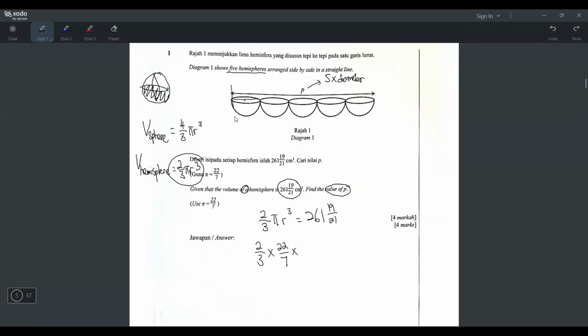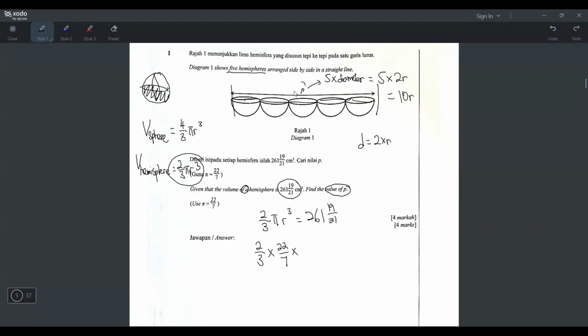1, 2, 3, 4, 5. And P is the length from here to here, which is the length of 5 hemisphere diameters. We all know diameter equals 2 times radius. So 5 times diameter is the same as 5 times 2 radius, which gives you 10r.